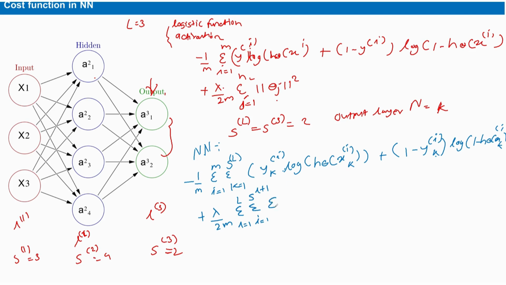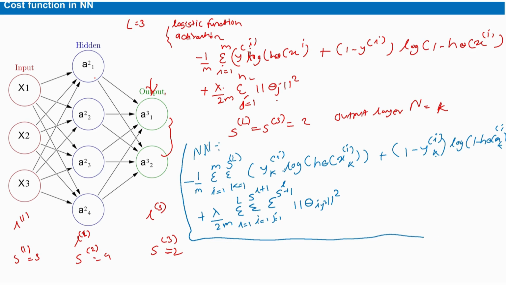Then we iterate the second dimension, j equals 1 to the number of neurons in the current layer plus 1. Then we apply the L2 norm of theta_ij, denoted by this symbol. So this is the overall cost function for the neural network.